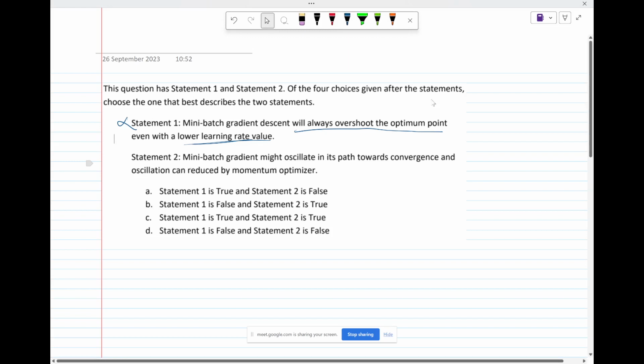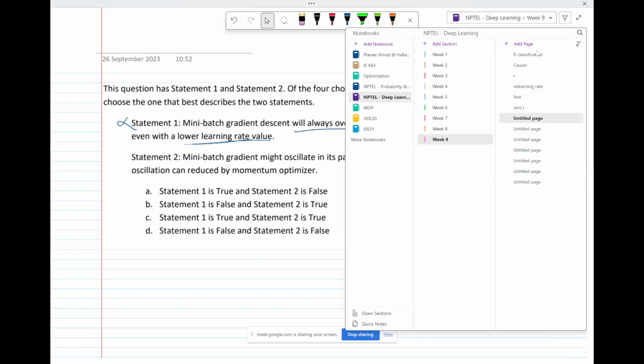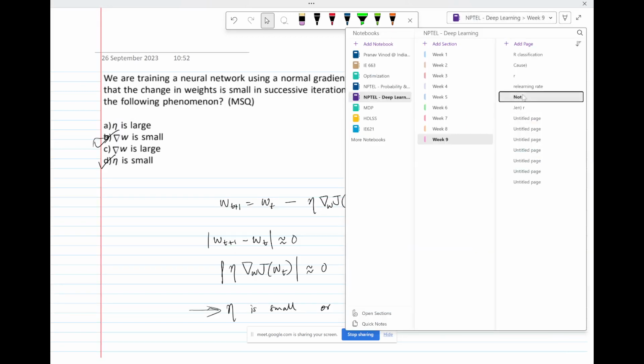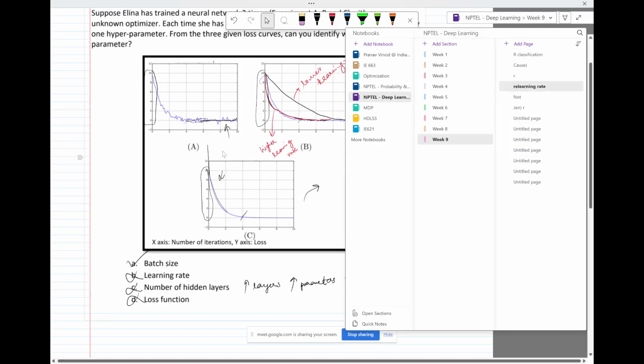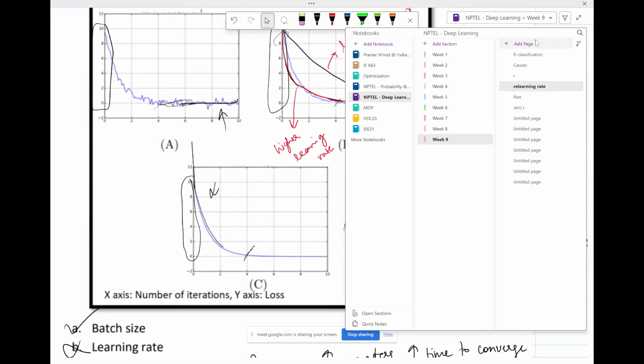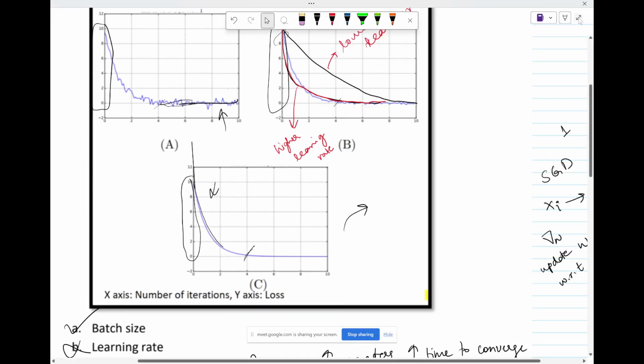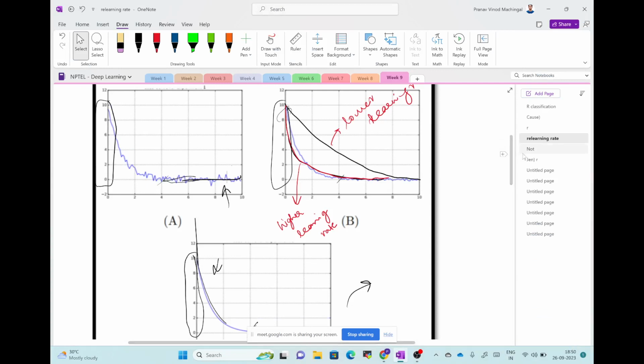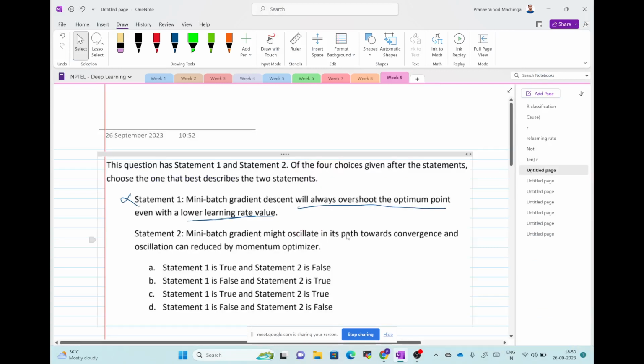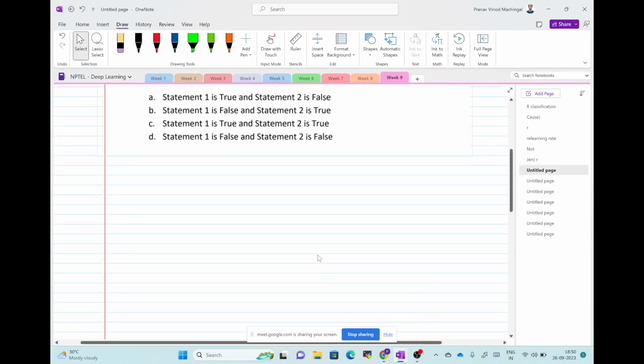As we just saw in this example, when you have mini batches, there are oscillations. Now the other part of the statement was that the oscillation can be reduced by a momentum optimizer.